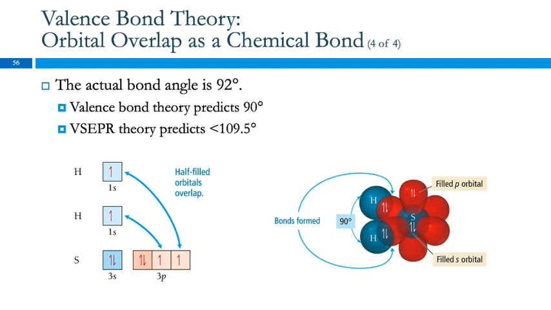Now, this is not complete yet. The problem here is that the bonds that we form here would have 90-degree angles, because that's what angles the p orbitals have. But VSEPR theory predicts that this has an angle that's a little less than 109.5 degrees. Like, well, where did you get that from?